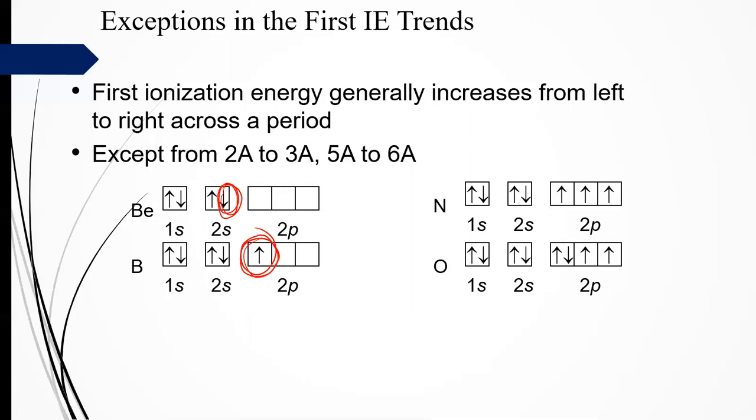And so that paired one, that 2s, takes more energy to remove it because this 2p starts off slightly higher in energy.